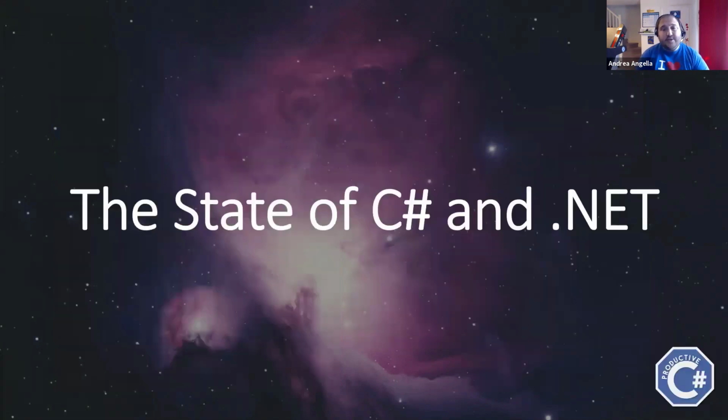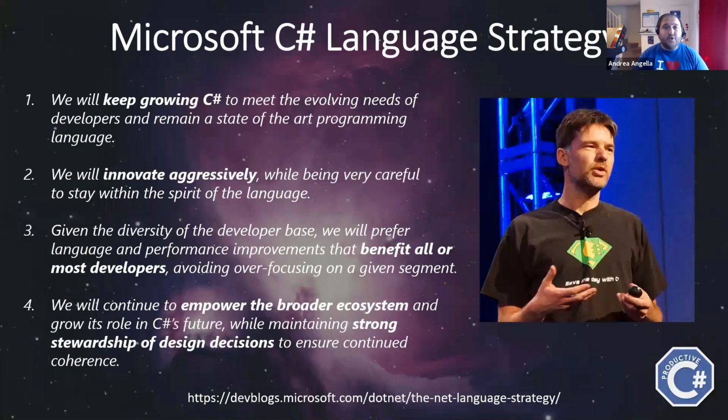All right, so let's get into the content. What's the state of C# and .NET now in 2020? The strategy of the language hasn't changed since 2017. These are 4 key points for keeping C# growing. As you might know, C# is starting to become quite an old language.